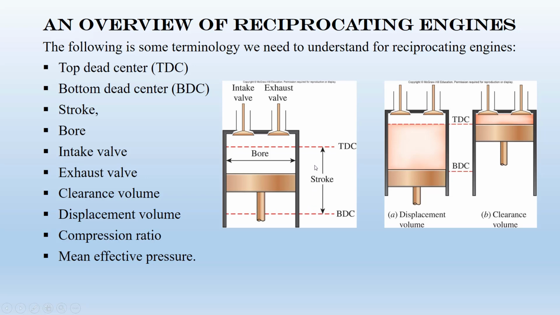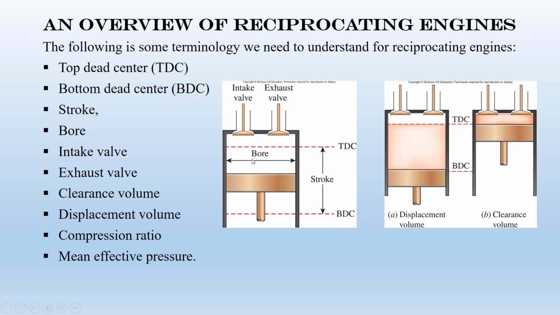The distance between the TDC and BDC is called a stroke. So based on this definition, we may have two stroke cycles, or four stroke cycles. For the two stroke cycles, this piston moves in each cycle twice. For the four strokes, this piston moves 4 times, correct? So stroke, the difference between the BDC and TDC.